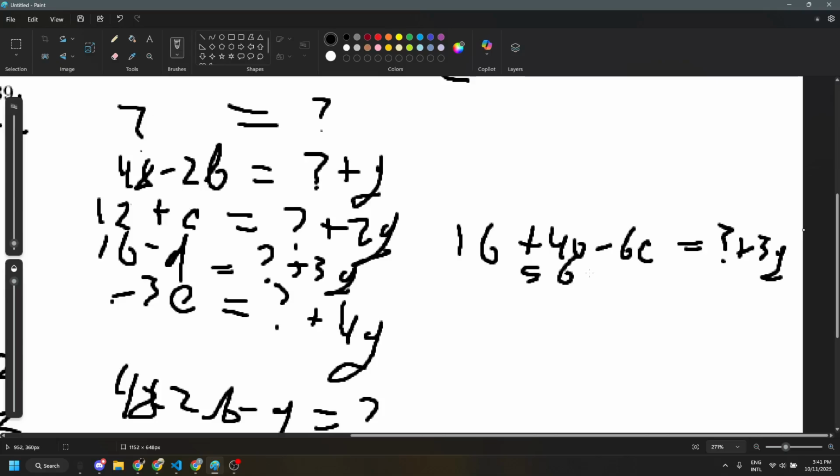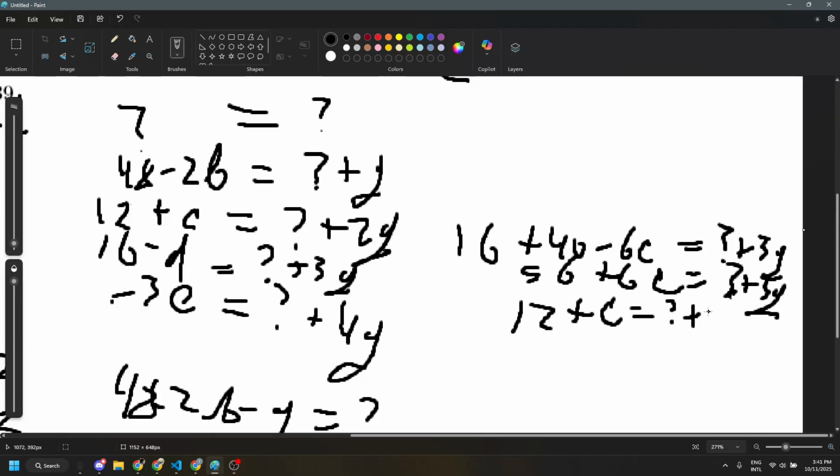Simplifying, we get 56 plus 6C is equal to question mark plus 3G. Okay, now we have two equations of G and C. So 12 plus C is equal to question mark plus 2G. But they also have this question mark term, which means we can't solve it yet, I believe.